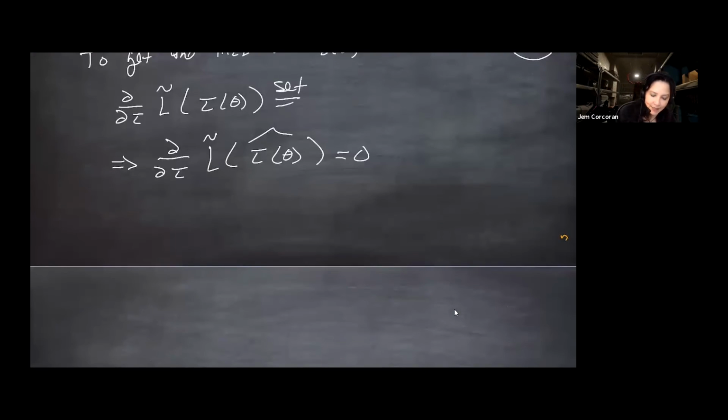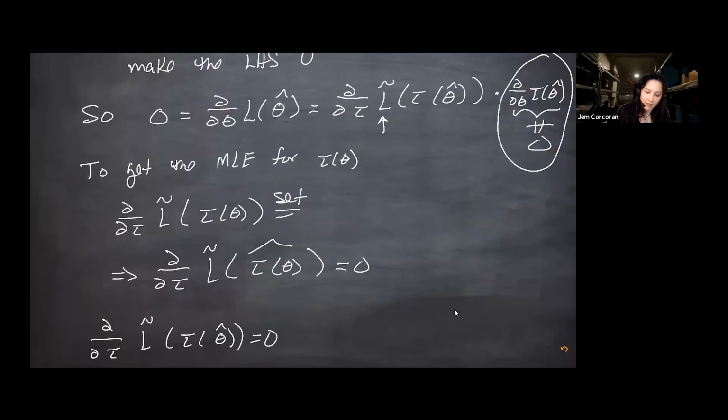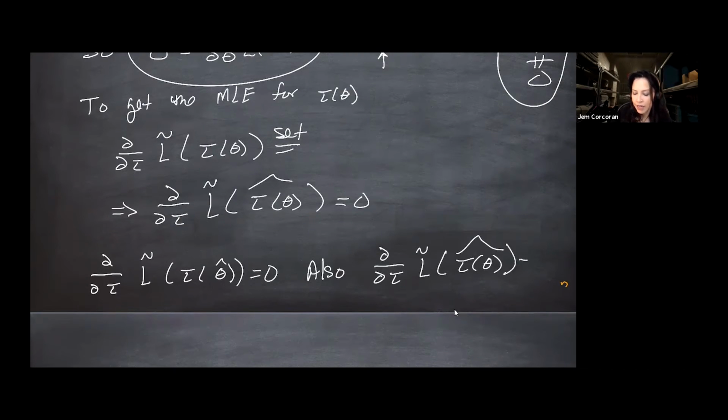So what I'm saying is the derivative with respect to tau of the new likelihood, if we plug in theta hat, is 0, and that comes from assuming that the left-hand side was 0. And also the derivative with respect to tau of L tilde at tau hat is 0 by definition of the MLE for tau of theta.